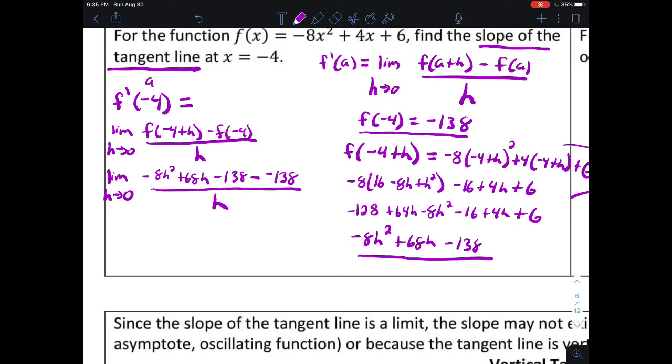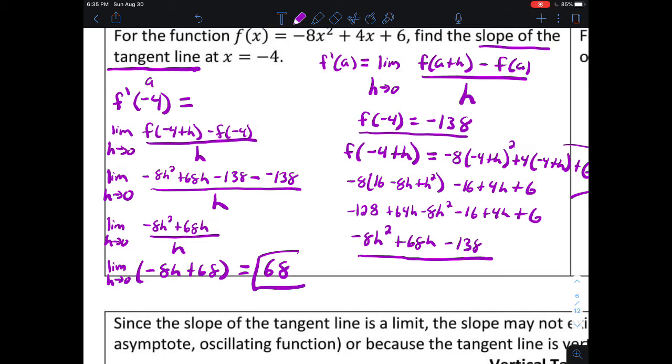And what we're going to be left with is the limit as h approaches 0 of negative 8h squared plus 68h over h. My h's are going to cancel out. And I could rewrite as the limit as h approaches 0 of negative 8h plus 68. Then put in 0 for h, and we get 68. So 68 is the slope of the tangent line at x equals negative 4.